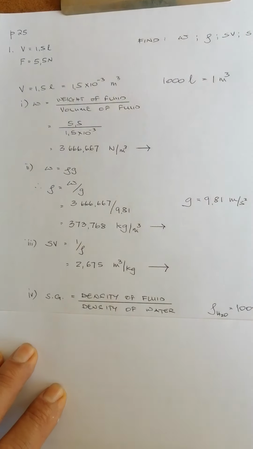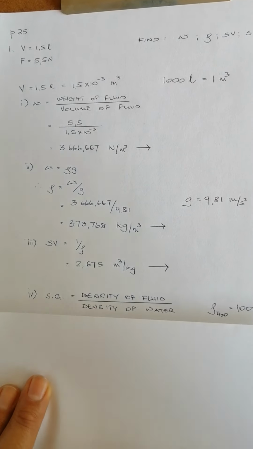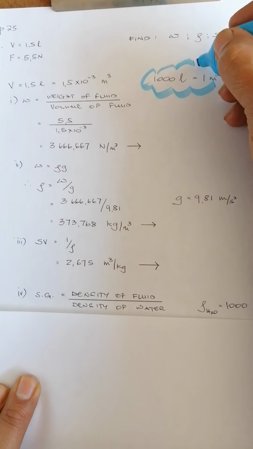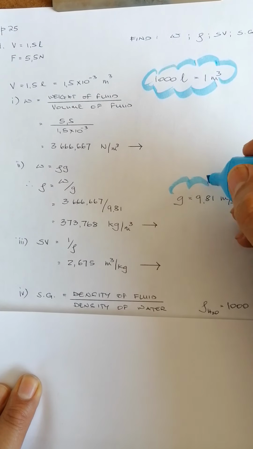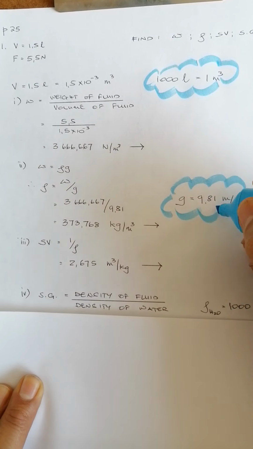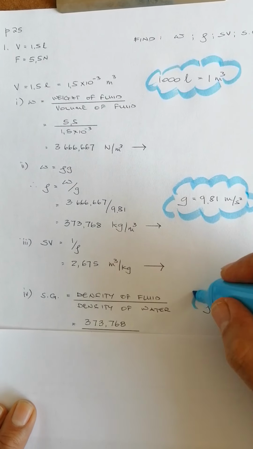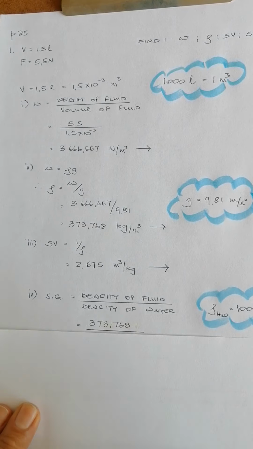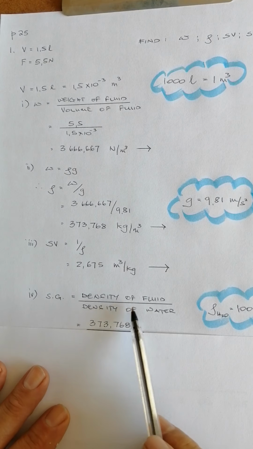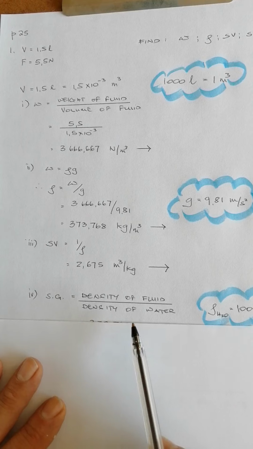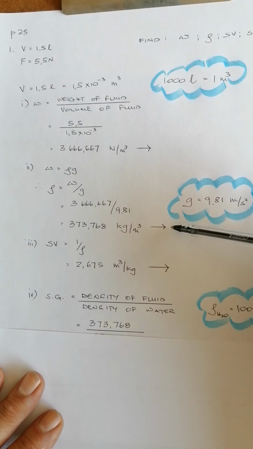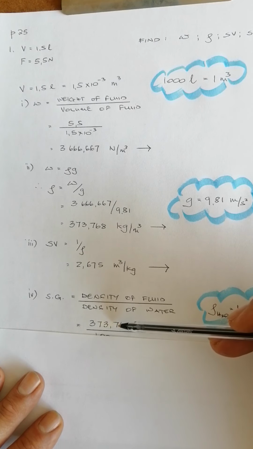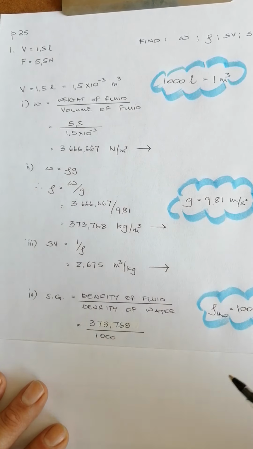So please do remember what I have written here. This is information that you need to know. You will not be given this information in any assessment, right? So we look at those details that we have there. So if your specific gravity is the density of the fluid divided by the density of the water, the density of the fluid we had calculated as 373.768 divided by 1,000.